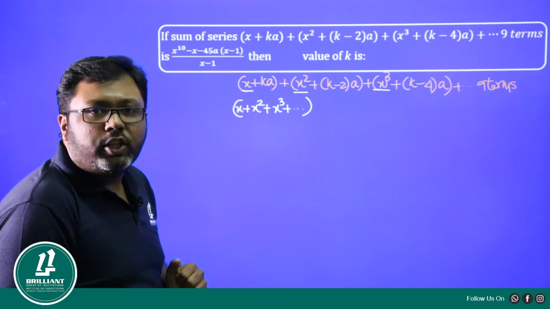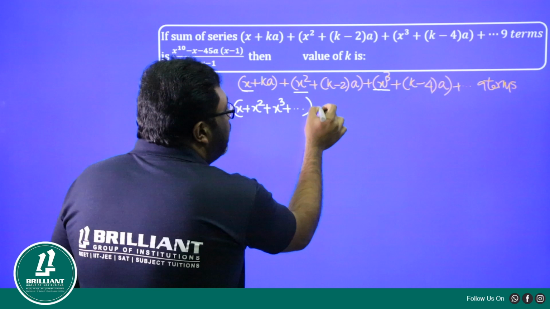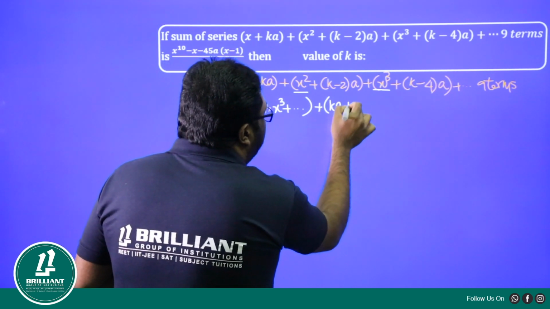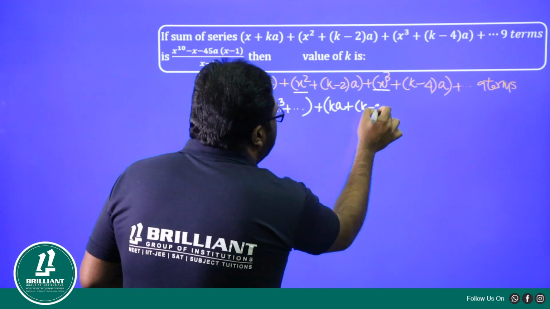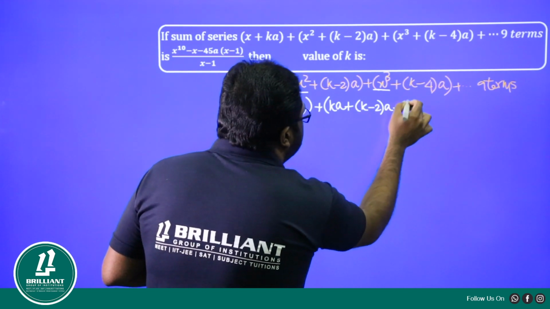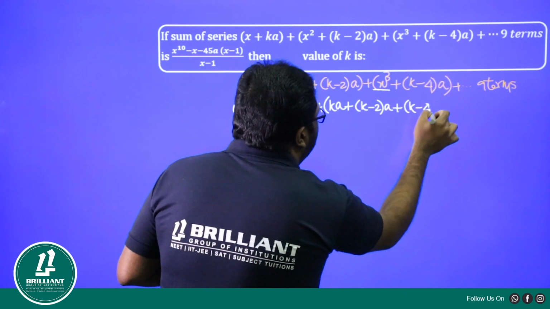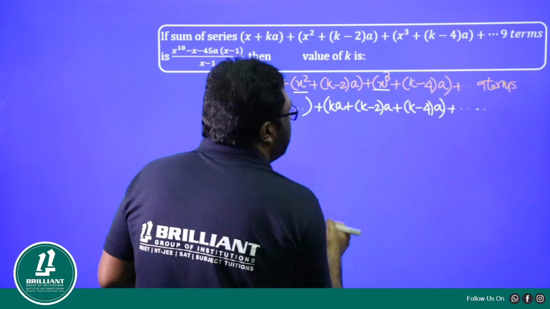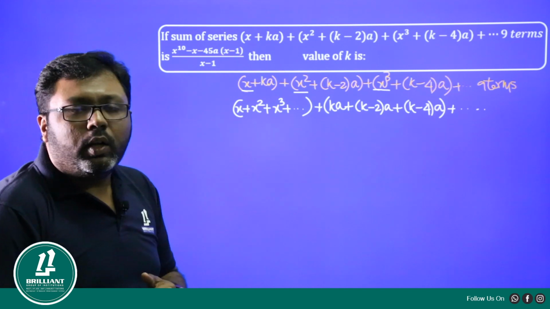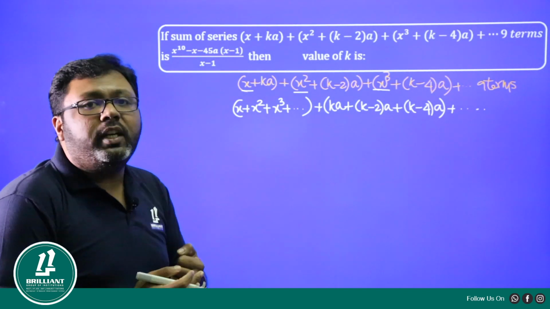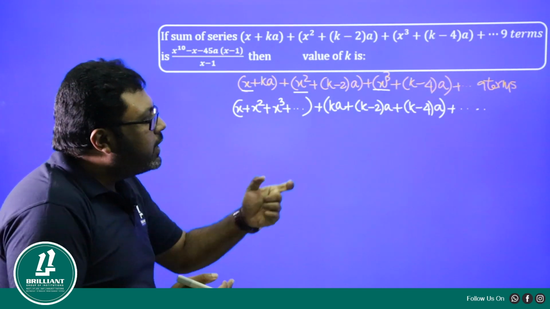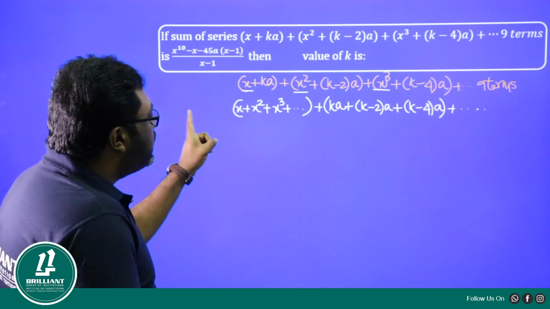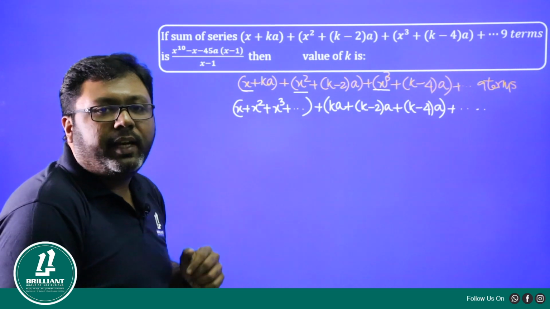Now when I look at the second terms of every bracket, it is like ka plus (k - 2)a plus (k - 4)a, and so on. Yes, the second terms look like an arithmetic series. This is a geometric series, that is an arithmetic series.